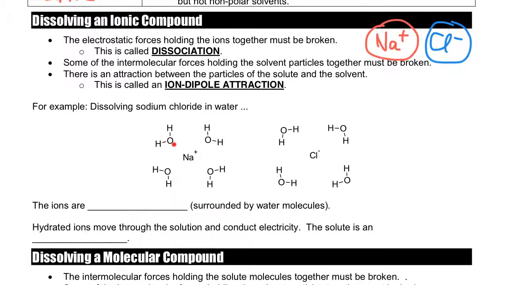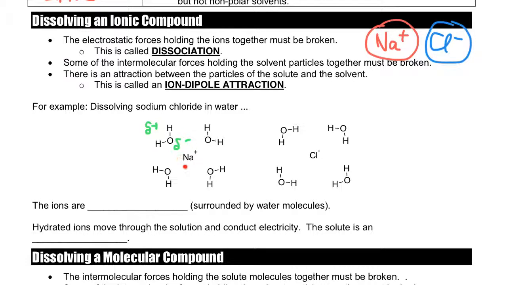Water is a polar molecule. If you'll recall from a few units ago, there's a slightly positive end and a slightly negative end in our water molecule. It's polar. There's an attraction between the negative side of the water molecule and the positive sodium ion.